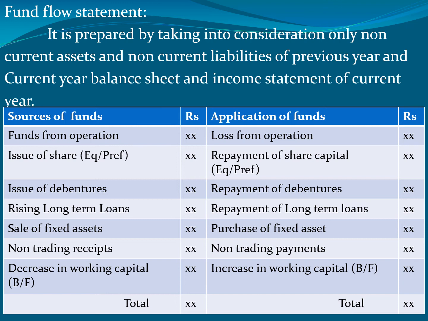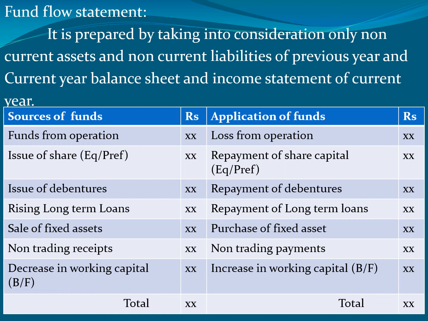Like in a balance sheet. Suppose the balancing figure comes on the application side, it's called increase in working capital, and that's nothing but the excess of source of funds over application of funds.